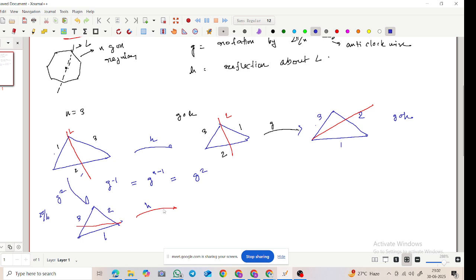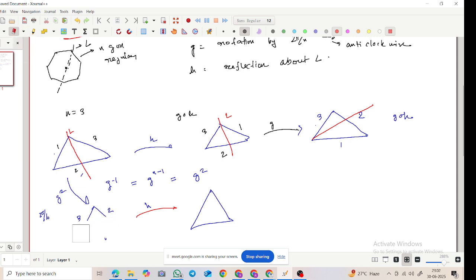So H, where is it? Yes. Then we are applying H, so what will we get back? H was reflection, right? Just a moment, this red arrow is not correct.